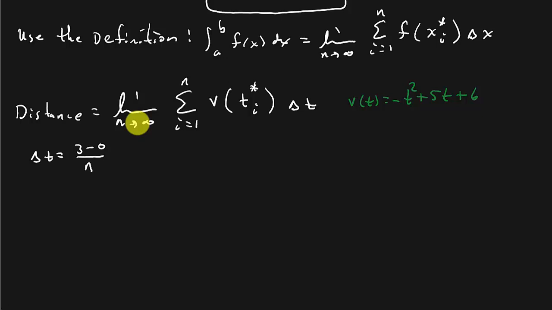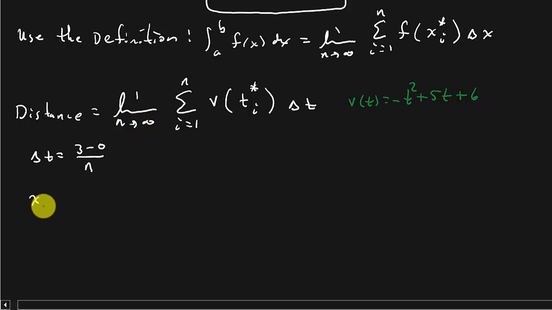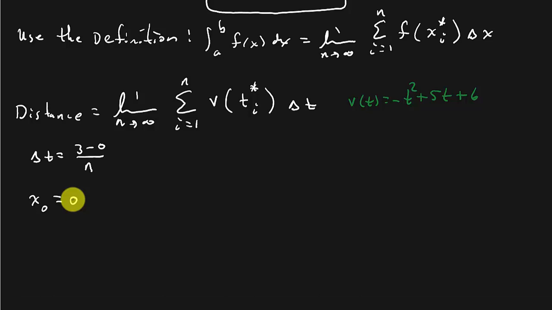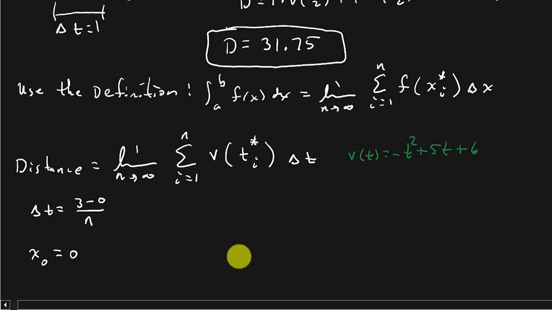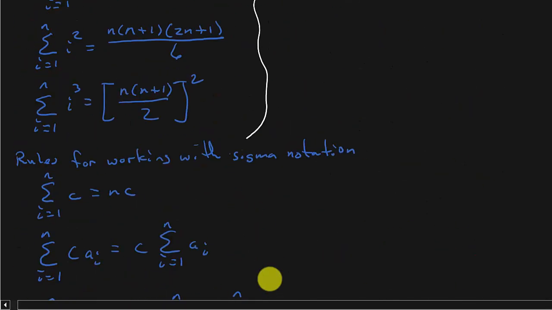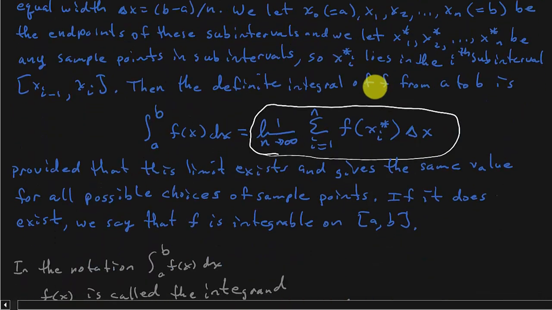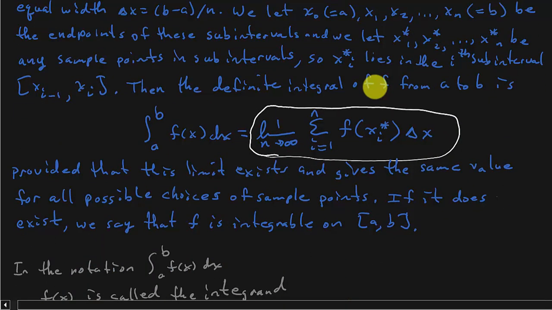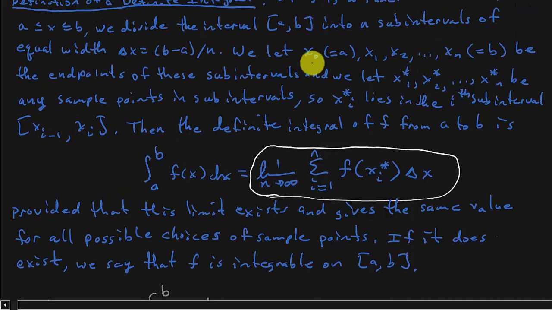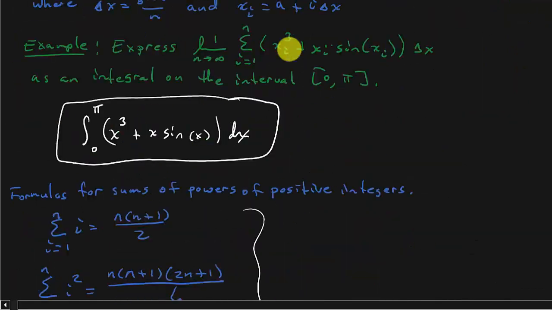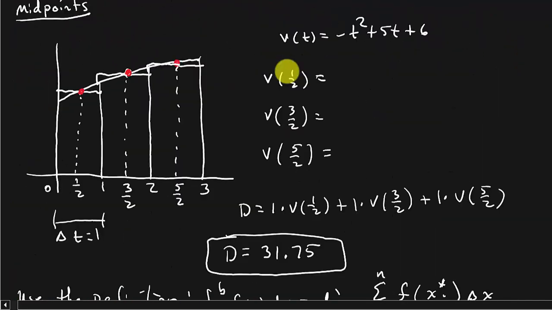All right. So we have x naught is equal to 0. Remember earlier in the definition? Do you remember that? x naught was what? Where is it? There we go. See right here, x naught is equal to a. And in this problem, a is 0. All right, so let's go back down here.